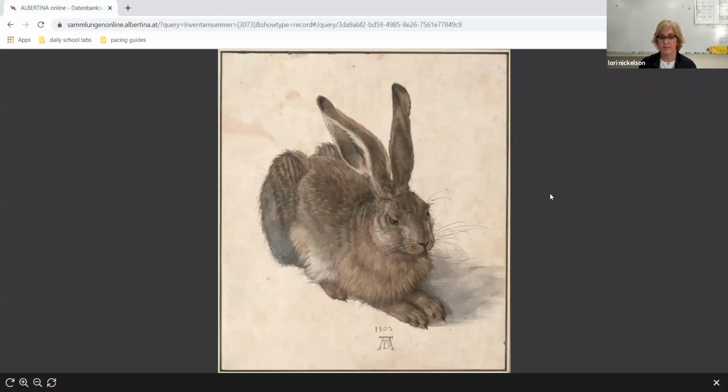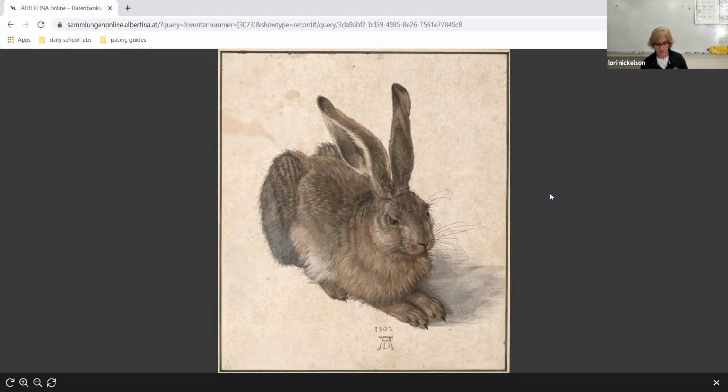All right, so now you see the artwork in the center of your screen, okay? I want you to think about it, notice and wonder what's going on in it. I'm going to give you a little bit to look at it. Okay, so what did you see?